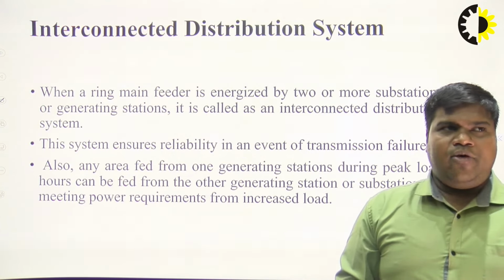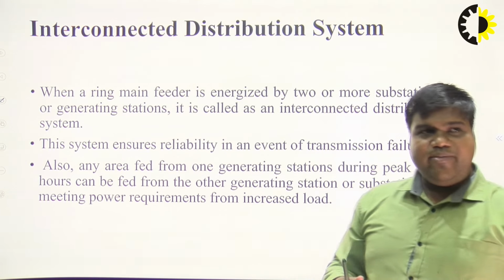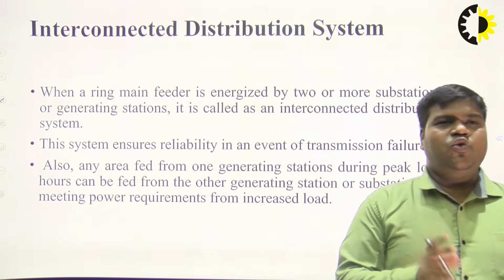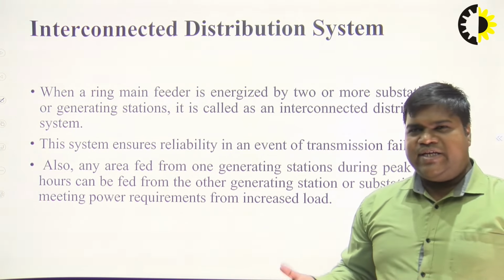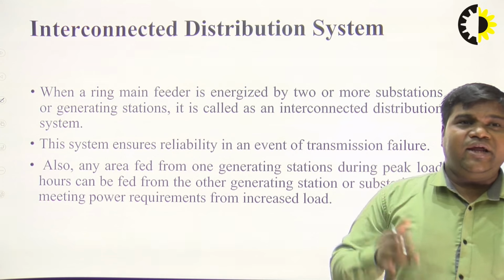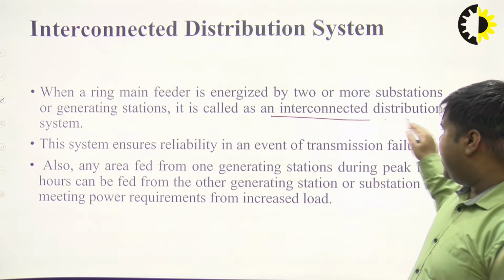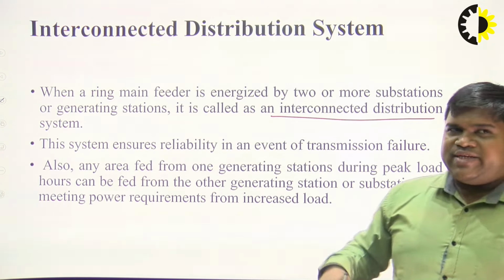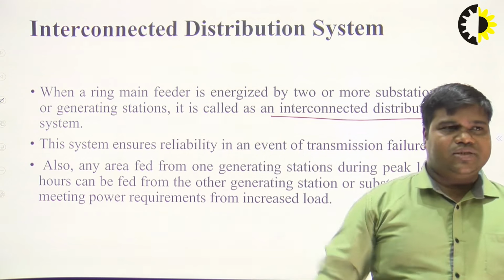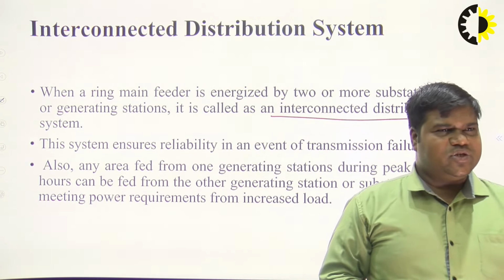If we talk about the interconnected distribution system, when a ring main feeder is energized by two or more substations or generating stations, then it is called an interconnected distribution system.